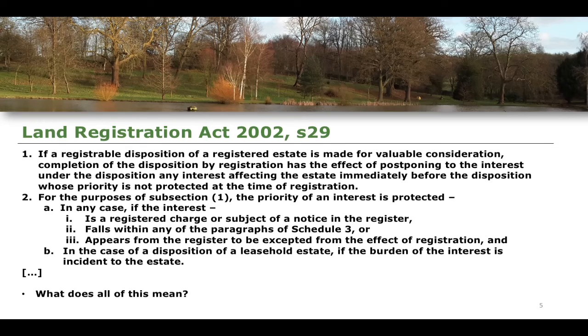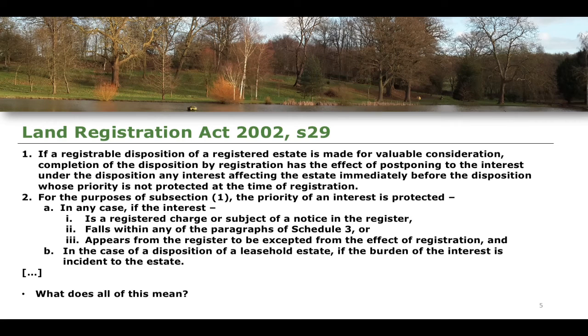The ways in which we protect that priority is either through the concept of a notice or a restriction, or the fact that the interest is upgraded to an overriding interest, which means we look at Schedule 3 of the Land Registration Act, which we'll get to in the next lesson. That's essentially how this whole thing operates.